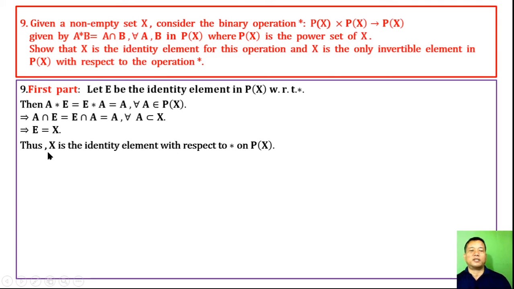X is the identity element of the binary operation asterisk on P(X).